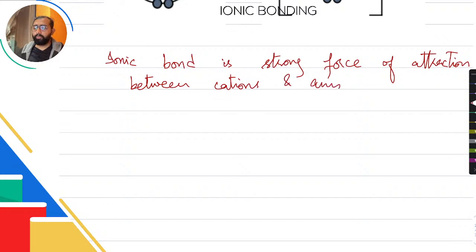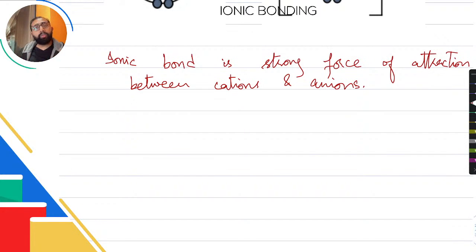So remember, I told you that you need to have positive and negative charges to get a strong bond, and in this case you have cations and anions. In the case of metals, you had positive ions and negative electrons. So you have electrons that are negative and positive ions, and they attract to get metallic bonding. And now you have positive ions and negative ions that have the ionic bond.